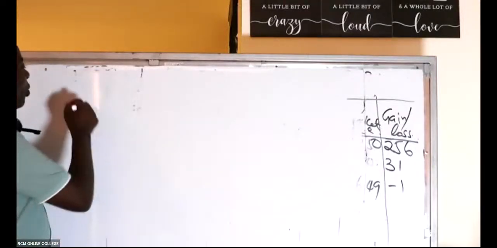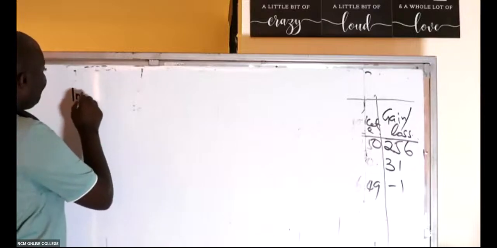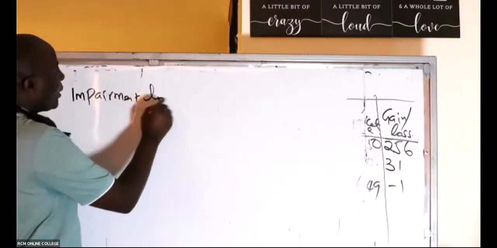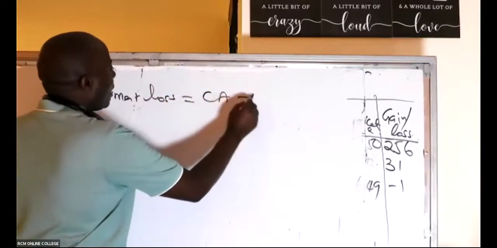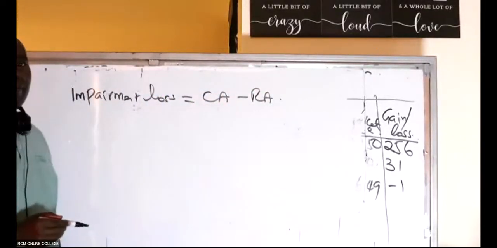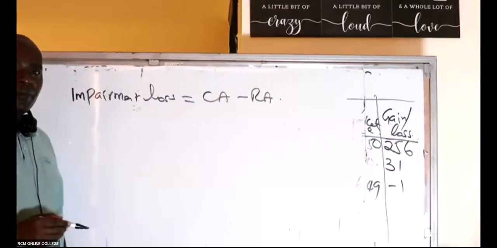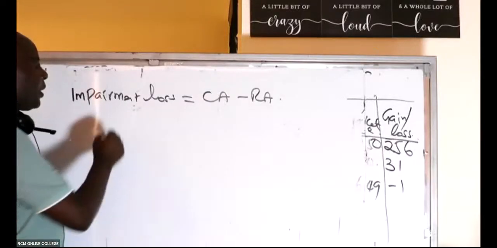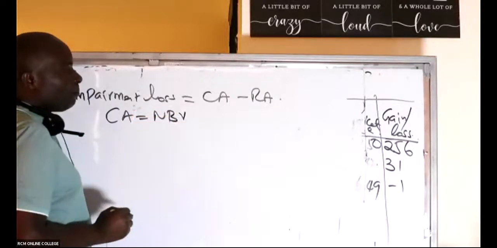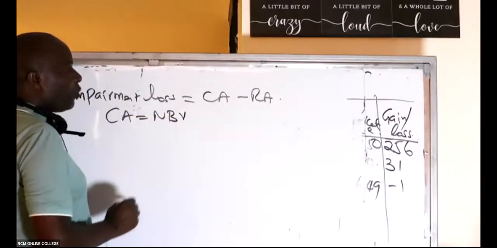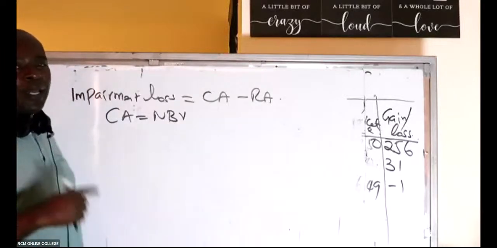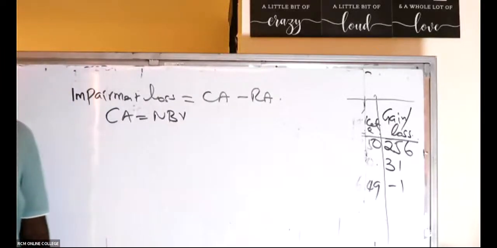Remember that impairment loss equals CAR minus RA, carrying amount minus recoverable amount. CAR is the same as net book value. So by the time they are doing an impairment review in this case, how many years had lapsed? Let's read this.